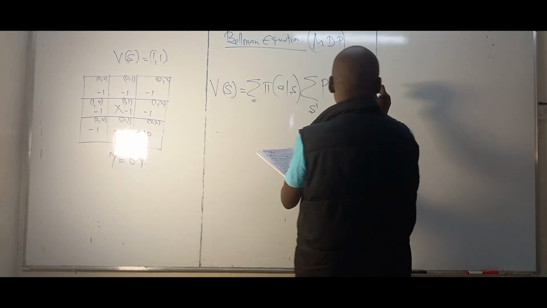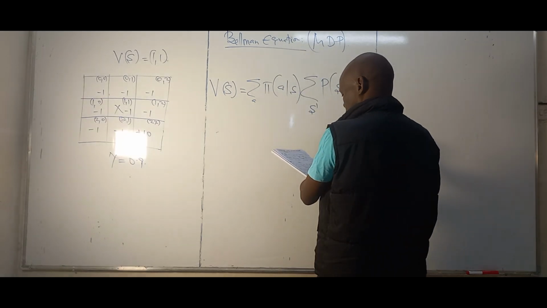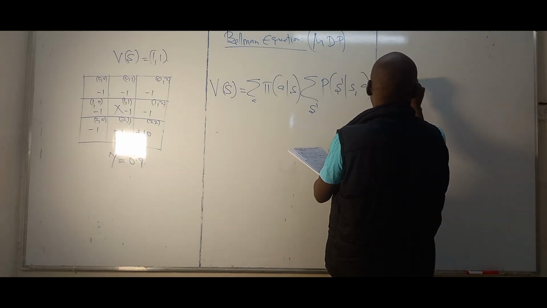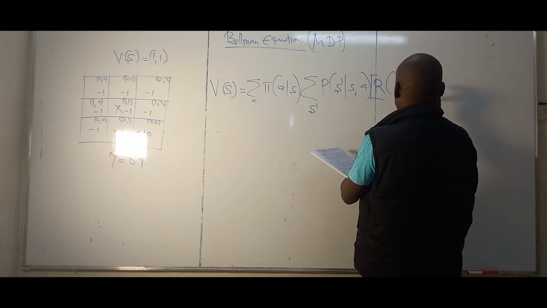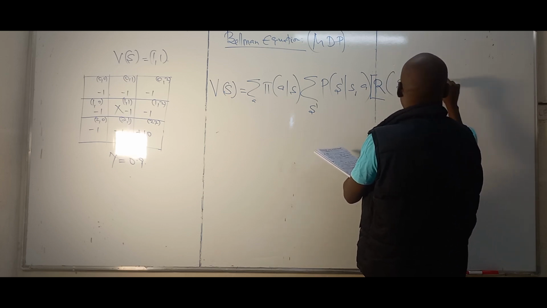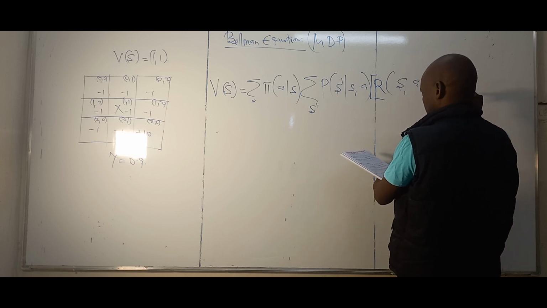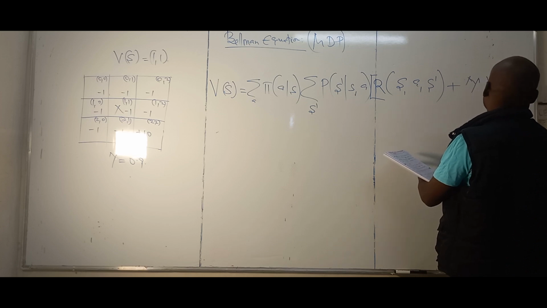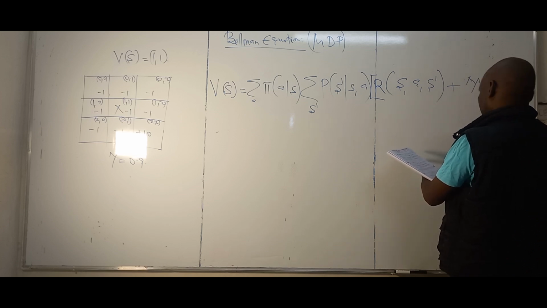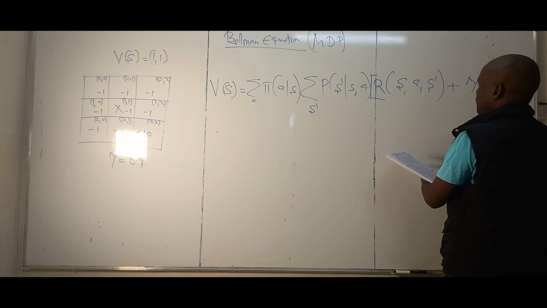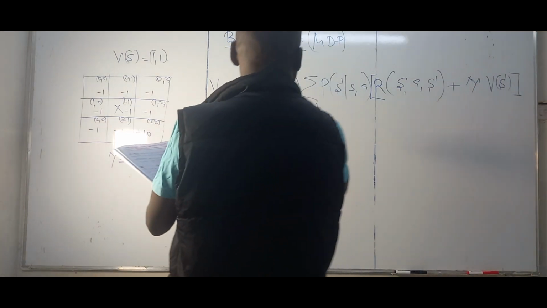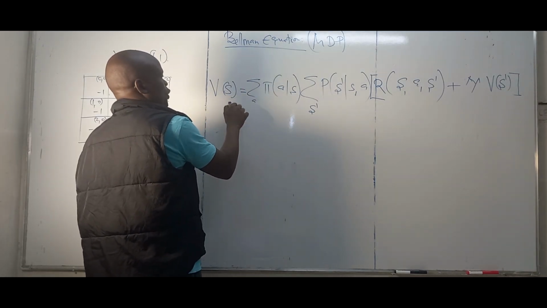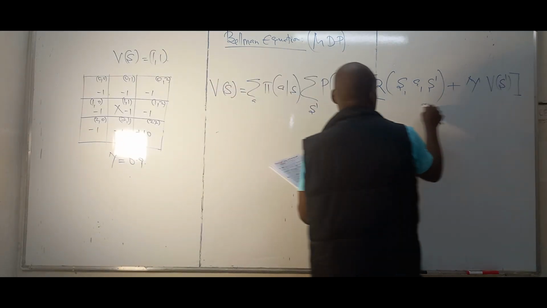So the other bit is this, where we say R of S, A, S prime, plus this, plus that, into the value function in the next step. So this entire equation gives us the value function.